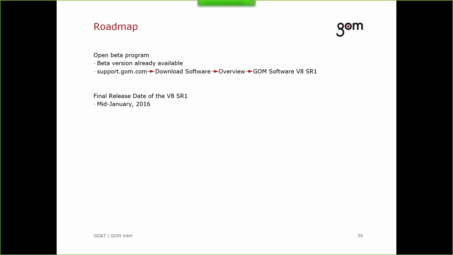The V8 SR1 will run with the current V8 license, so there is no need to update your license. Please find more information and the software packages under the following path: support.gom.com, download software, overview, GOM software V8 SR1. The final release is planned in mid-January 2016.